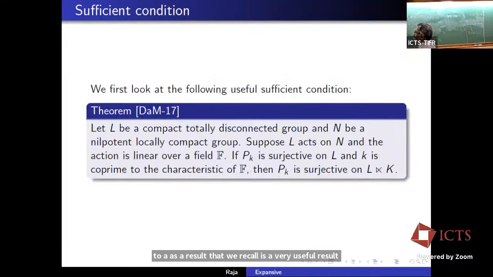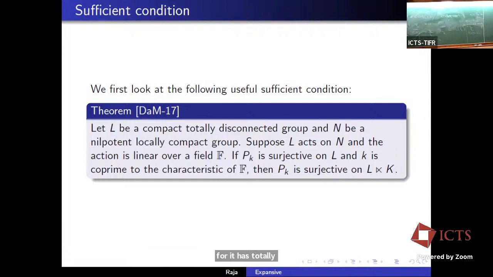In the sufficient condition, the first result that we recall is a very useful result proved by Dani and Arun. I'm probably stating only a particular case that is required for the totally disconnected group case.